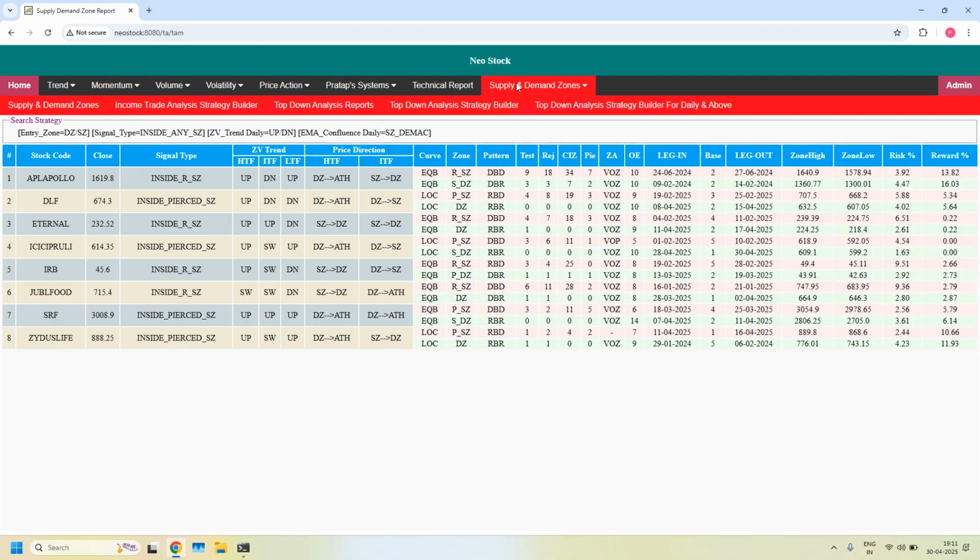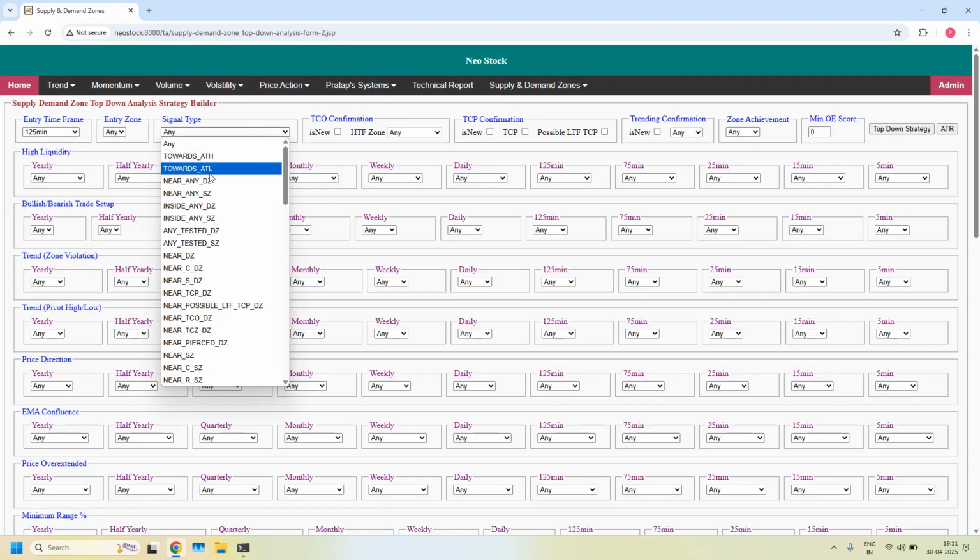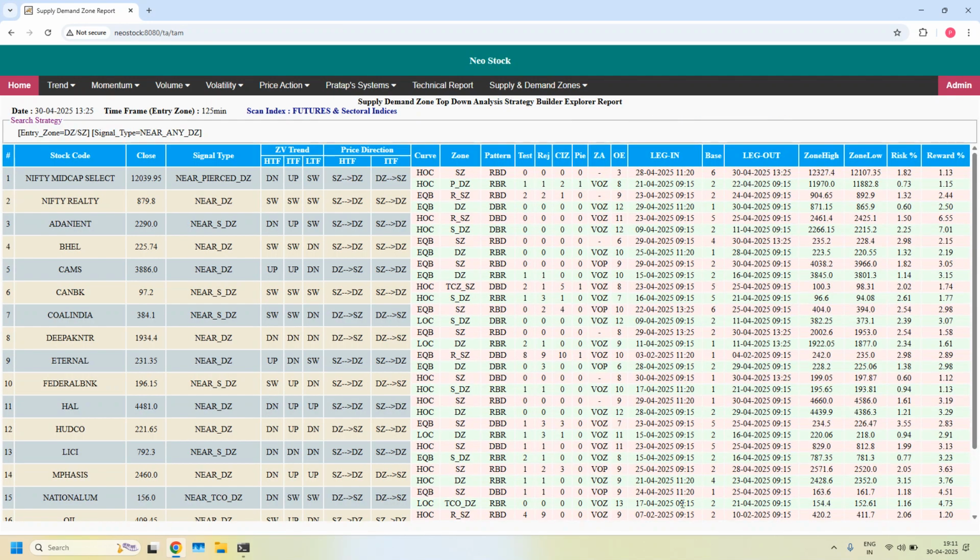The next time frame is 125 minutes. Stocks near to the 125 minutes demand zone. First 15 stocks in the list. Scrolling the list down.